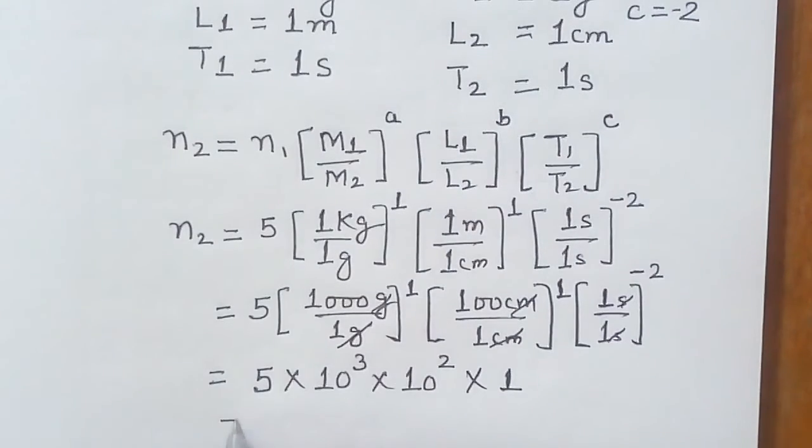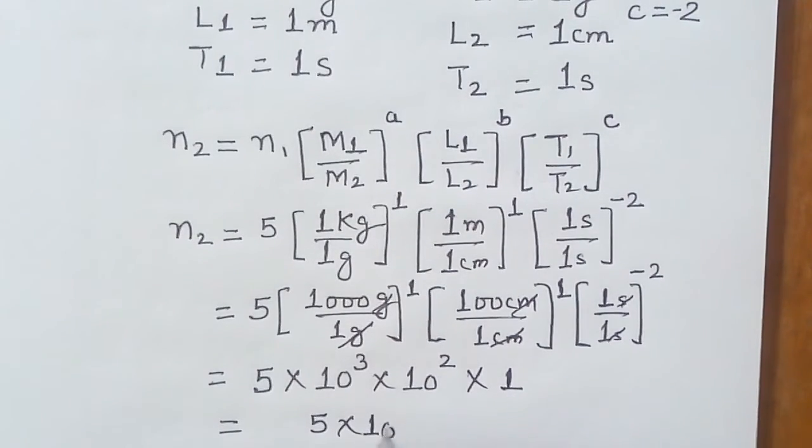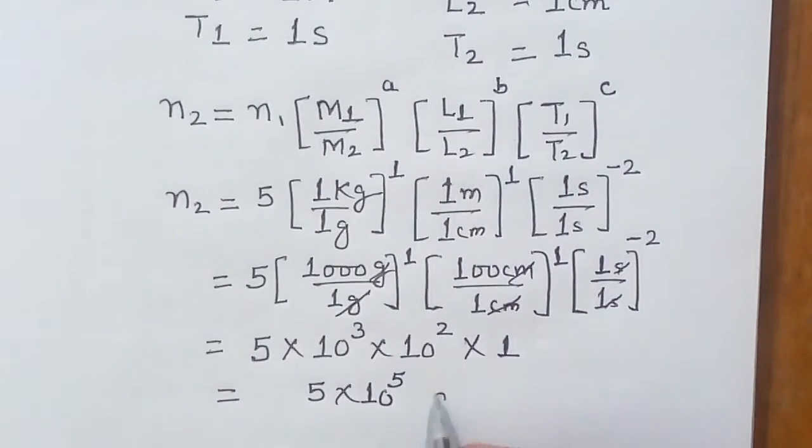So when we solve it, we get 5 into 10 to the power 5. And the CGS unit of force is dyne. So this is our value. So we have solved one question based on this.